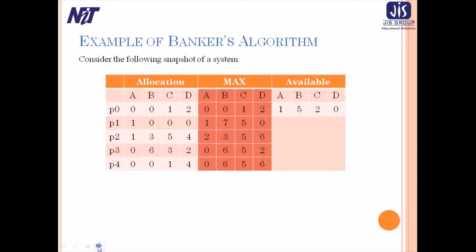For this example there are 5 processes. There are 4 different types of resources: A type, B type, C type, and D type. Each resource has multiple instances.